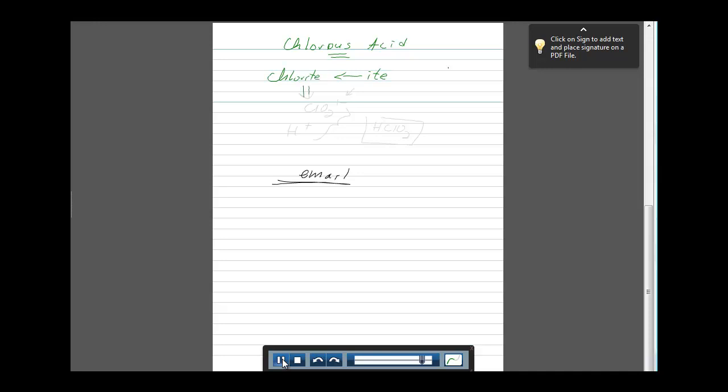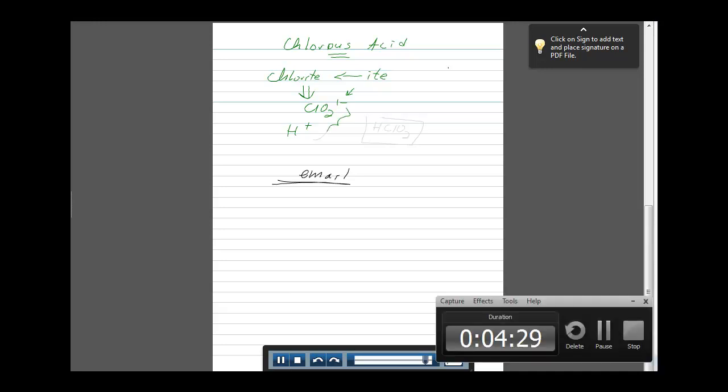And what is chlorite? ClO2 1 minus. And so it has a charge of 1 minus. H, since it's an acid, H is always added. H has a charge of 1 plus. So if I combine these two, H is 1 plus, ClO2 is 1 minus, and so my formula is HClO2. And this is how you name binary acids.